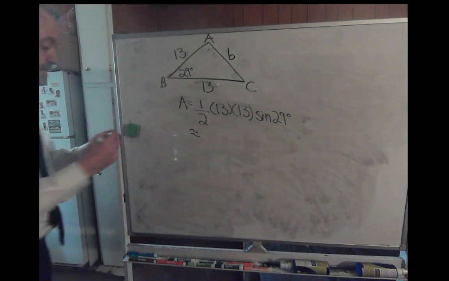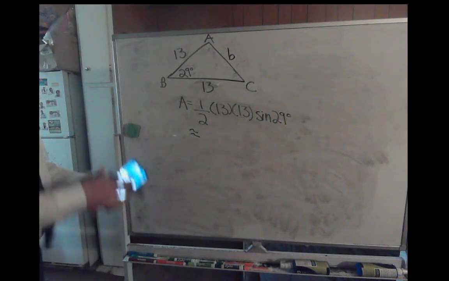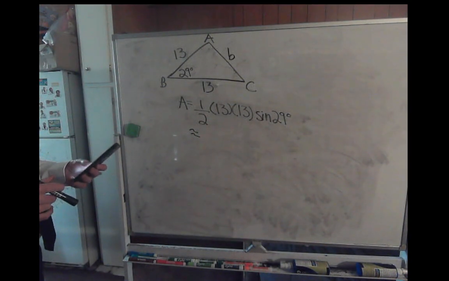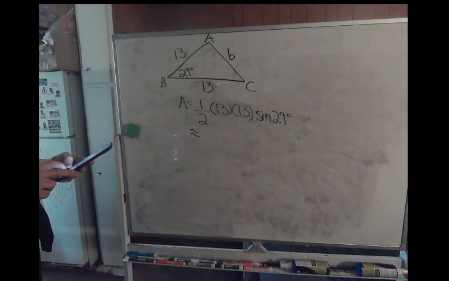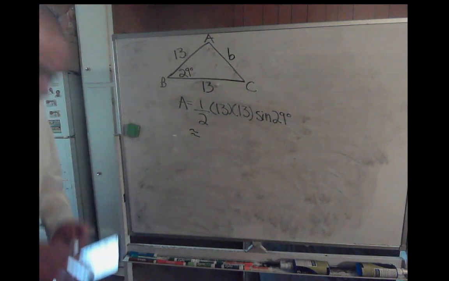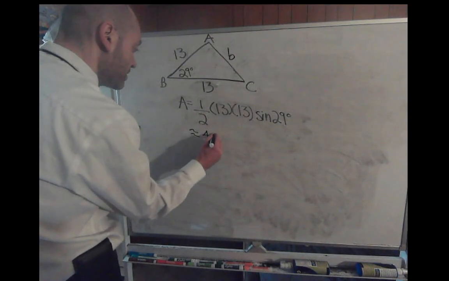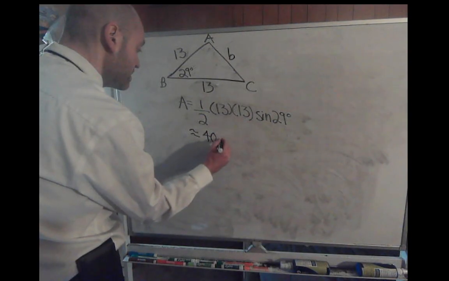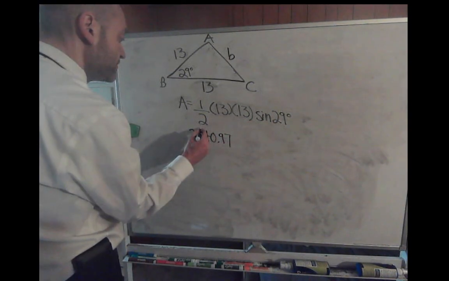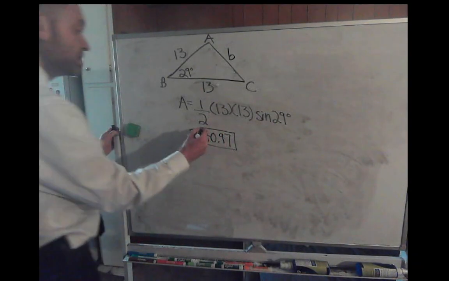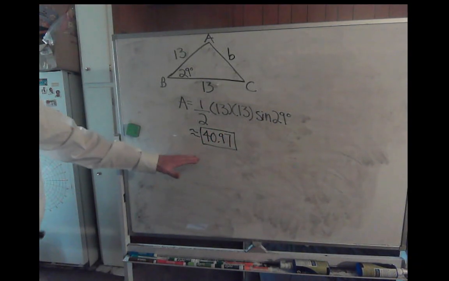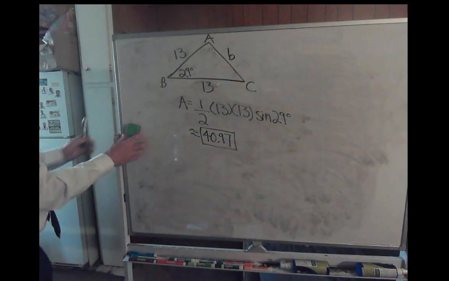To 2 decimal places, you get an area of approximately 40.97 square units.